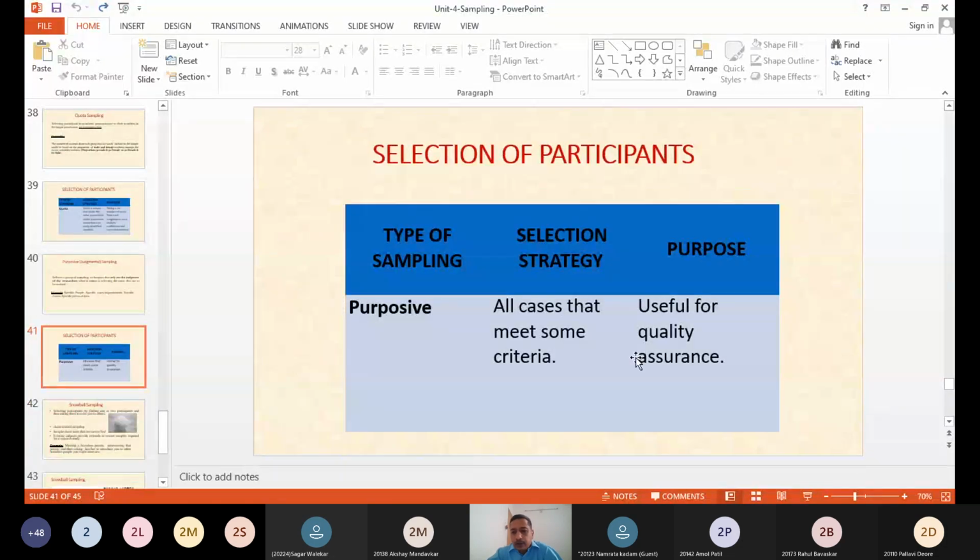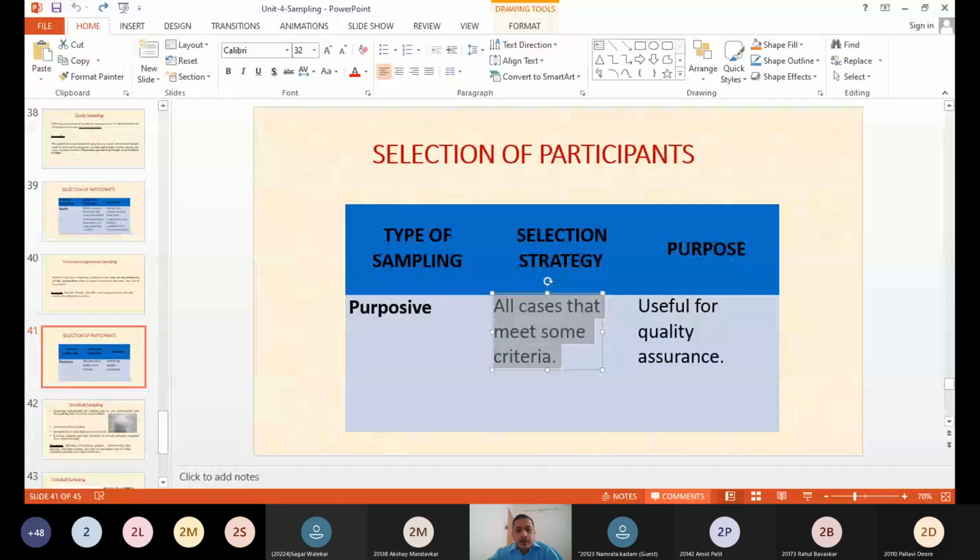In purposive or judgmental sampling, you will see that the strategy of selecting the sample is based on the judgment of the researcher, and he will select all those cases that meet some criteria. As per his judgment, he may decide on particular criteria, and those units, cases or individuals which fit his criteria, he will select for further study.